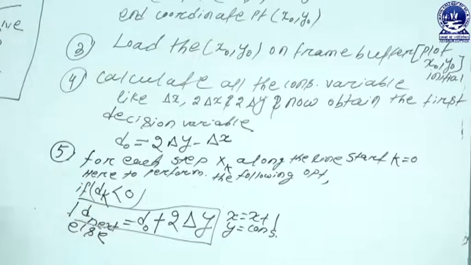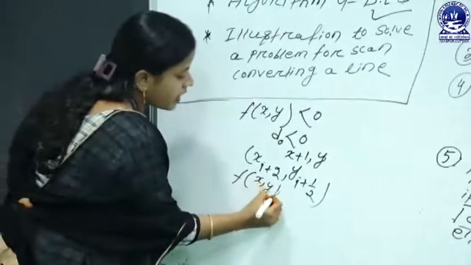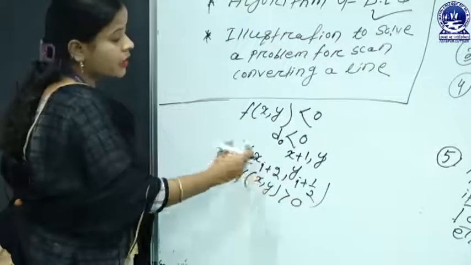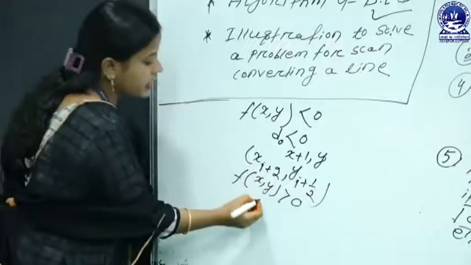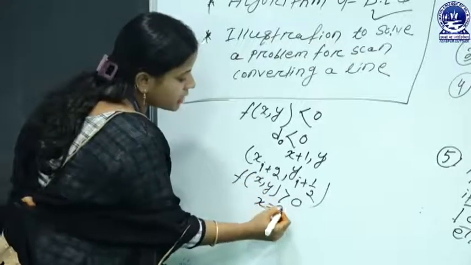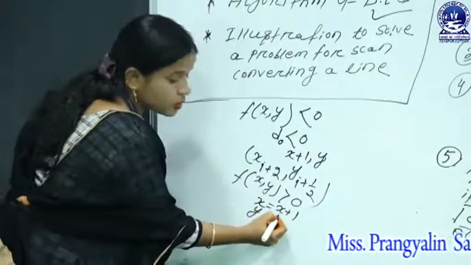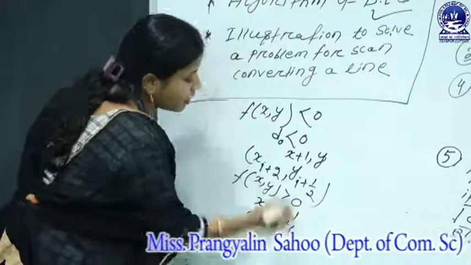In the else condition, we use the third constraint: whenever f(x, y) is greater than 0, the given point is above the line, and both the x coordinate and the y coordinate are incremented by 1 unit.